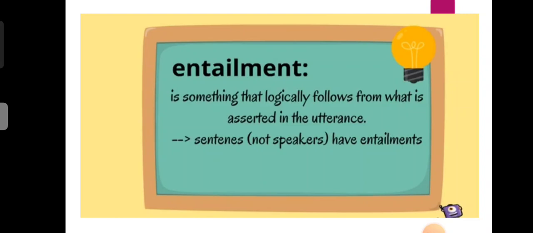One last step before I complete the discussion: entailment is a purely logical step, a background entailment or any logical consequence of an utterance. I have an example for you.